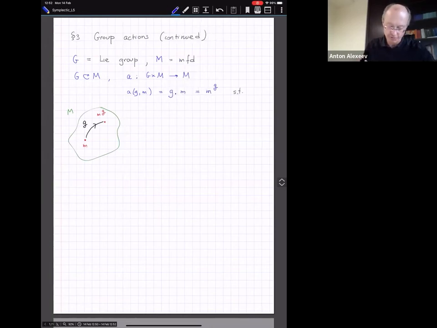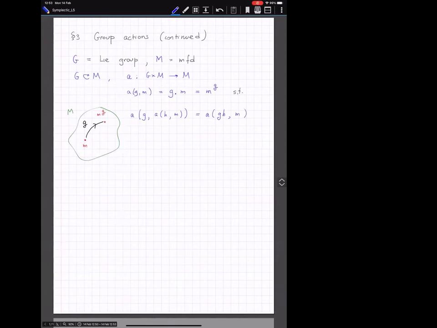The condition for the group action, just to remind you, is as follows. If we act consecutively by two group elements, acting first by H and then by G, that's the same as acting by the product in the group of G and H.